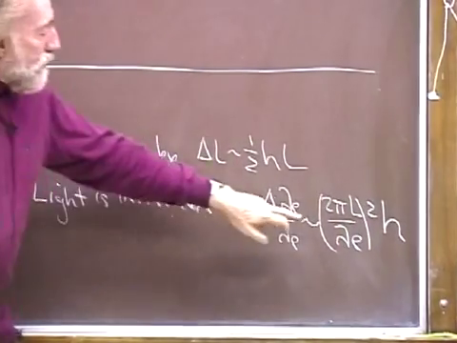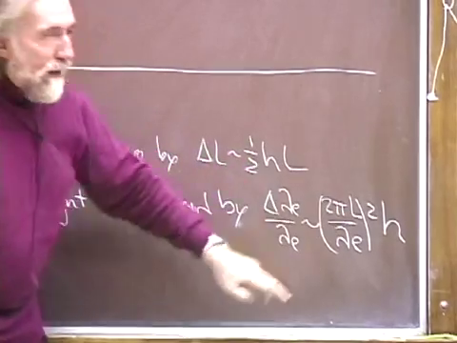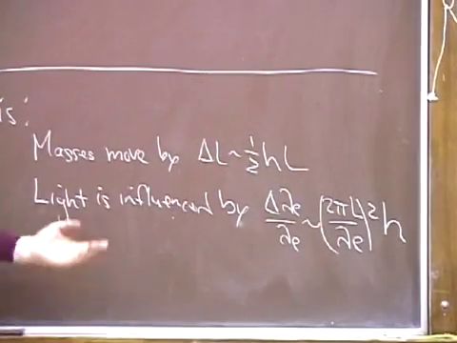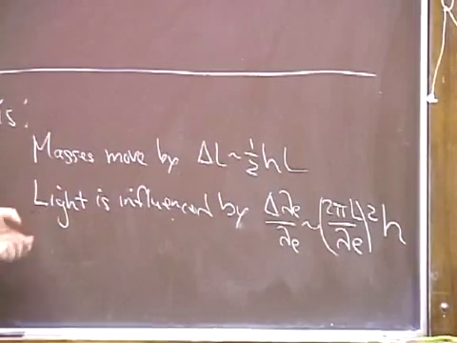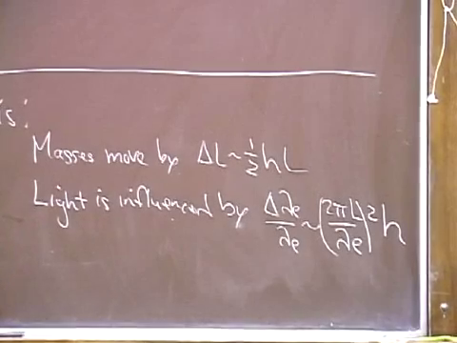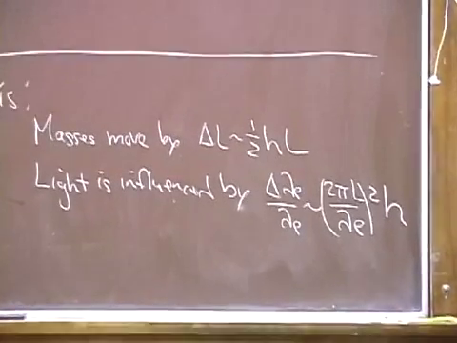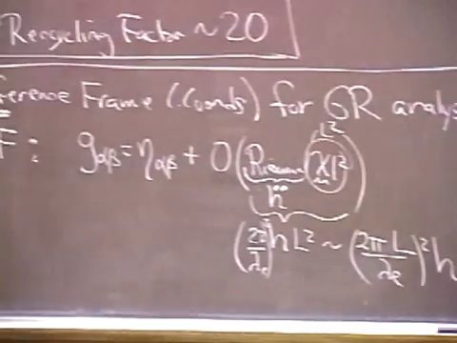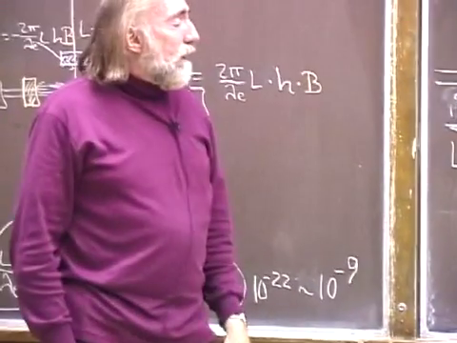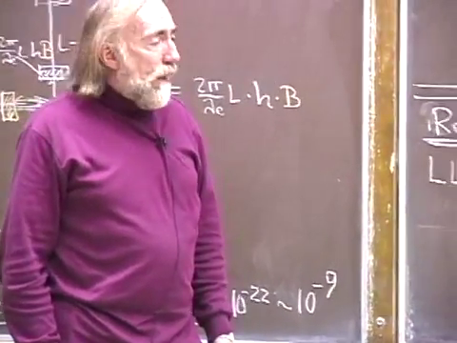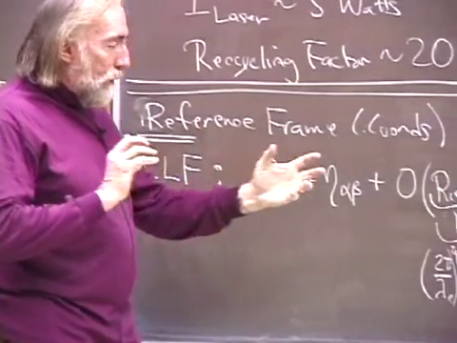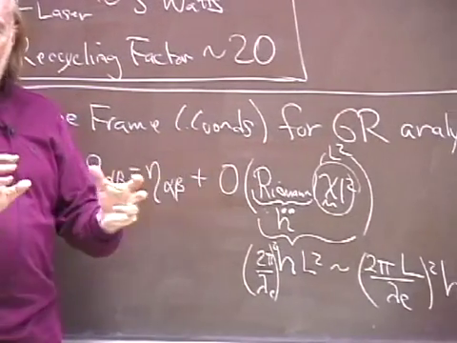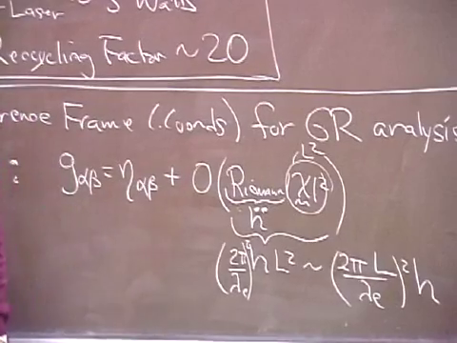So long as 2 pi L over lambda_E is small, then the light is not significantly influenced by the gravity waves. And we can think in a local Lorentz frame in a fully non-relativistic manner. All we need to do is consider the fact that the gravity waves push the mirrors back and forth. And we can ignore the influence of the gravity waves on the light.